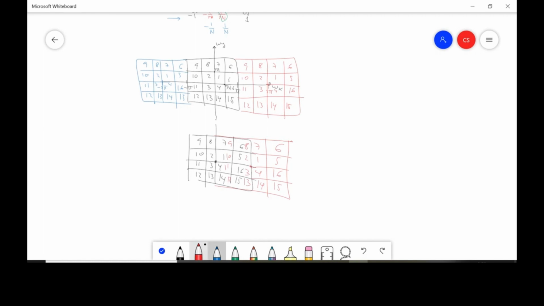And the same happens with the blue one. So the blue one now goes to here. So it will be 1, 2, 3, 4, 5, 6, 7, 8.